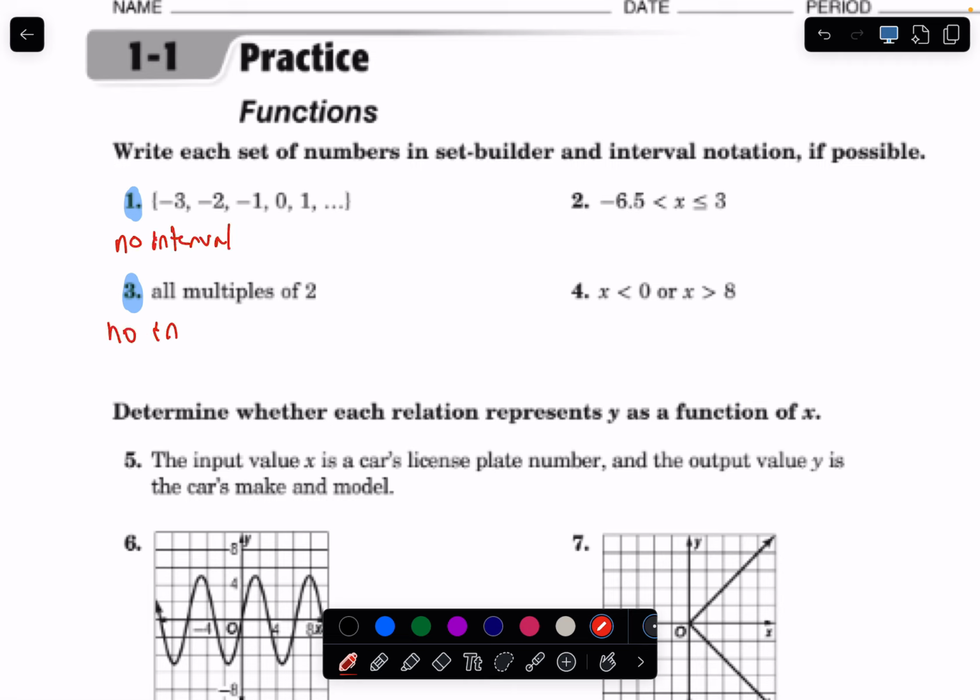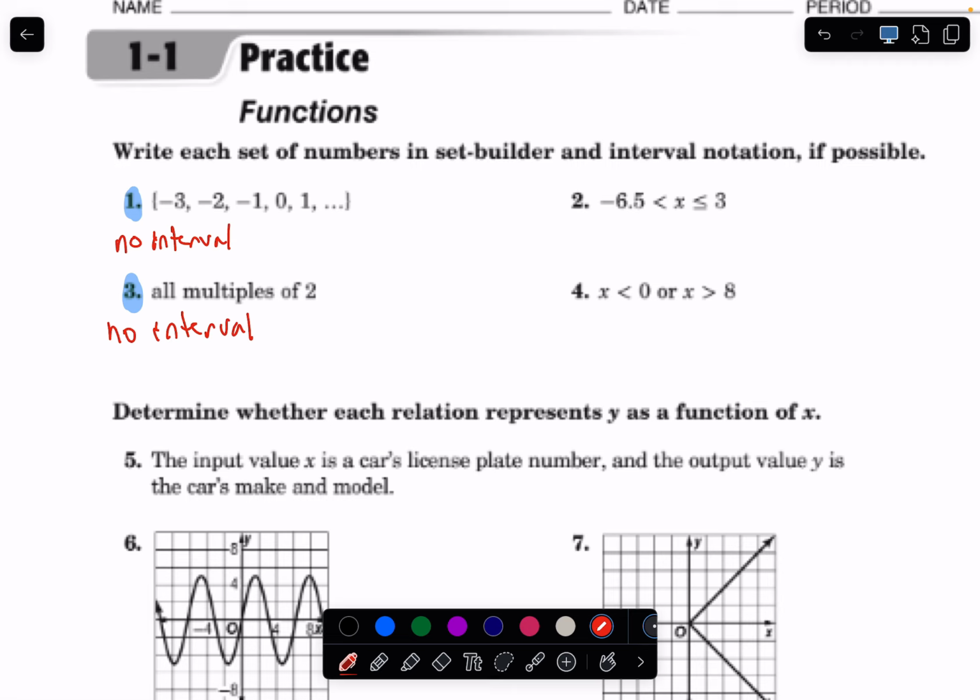Remember, an interval is if you took a section of the real numbers and colored it in. It not only includes 2 and 3, it includes all the decimals in between, like 2.1 and 2.2. It includes everything. So there's no way to put 1 and 3 in an interval.